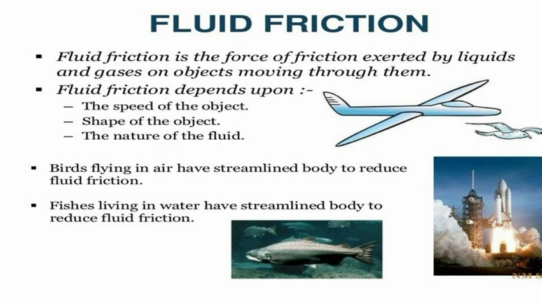Then we have size of the object. While moving at the same speed, larger the size of the object, more is the fluid friction. And last, the nature of the fluid. The higher the thickness or viscosity of the fluid, more is the fluid friction.